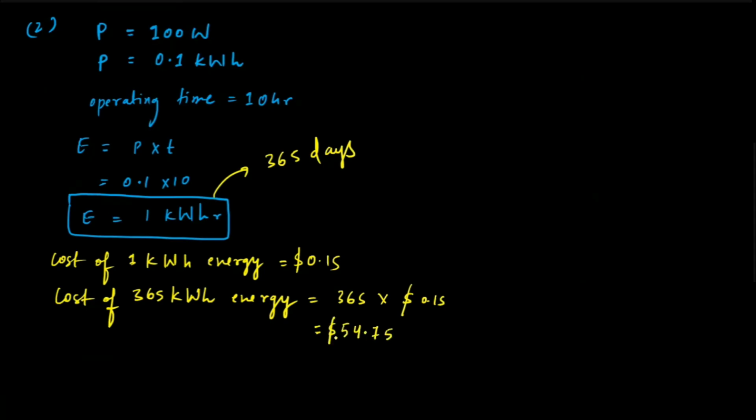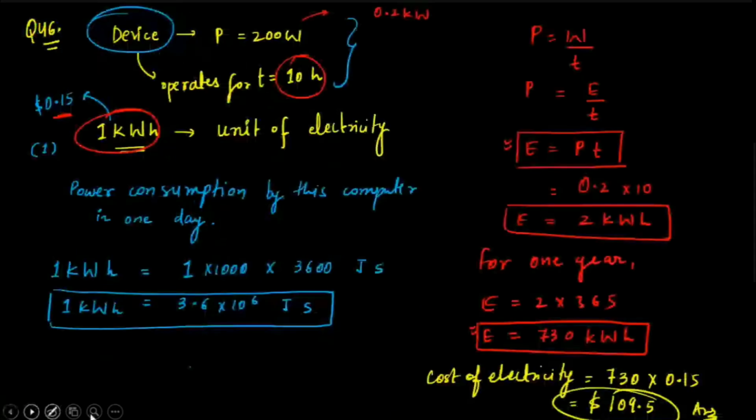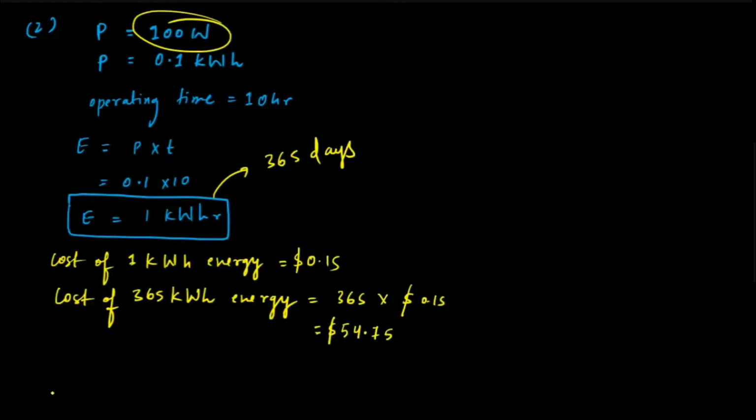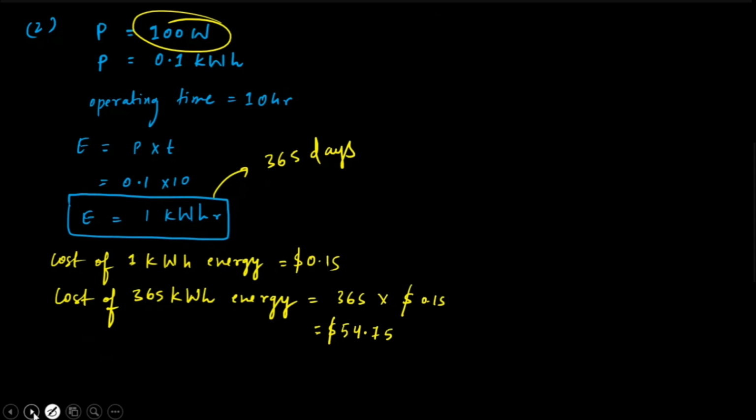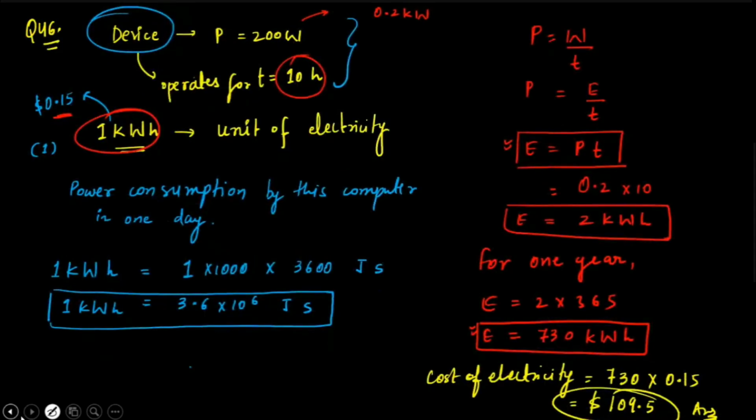$54.75. So this is going to be the cost if the power supply has changed from 200 watt to 100 watt. Now you can see the difference. Initially it was $109.5 and now it is $54.75. What does it mean? It means that we have saved almost $55 of electricity cost by simply changing the power supply from 200 watt to 100 watt.